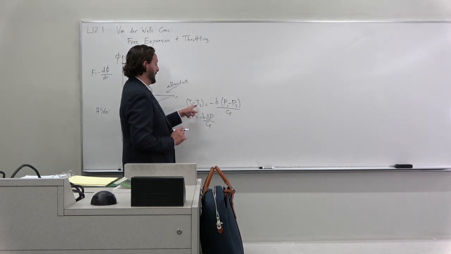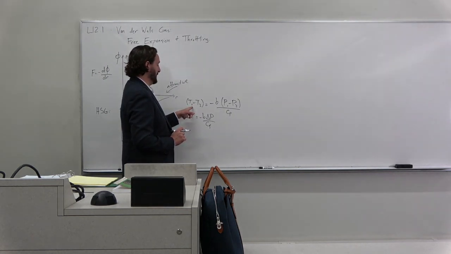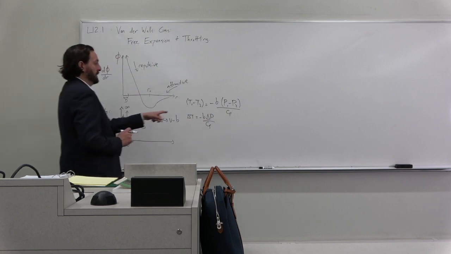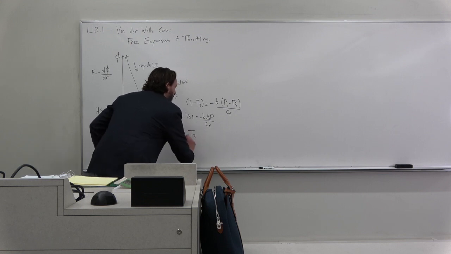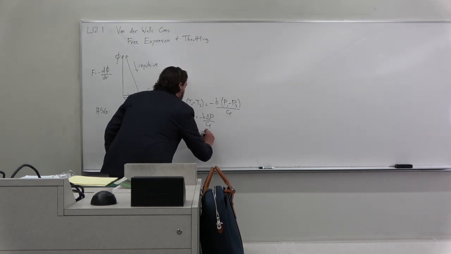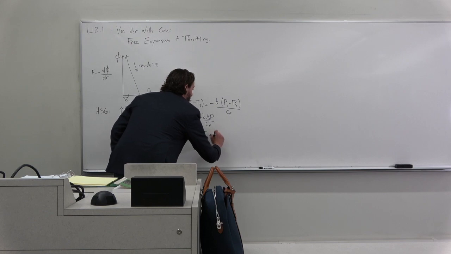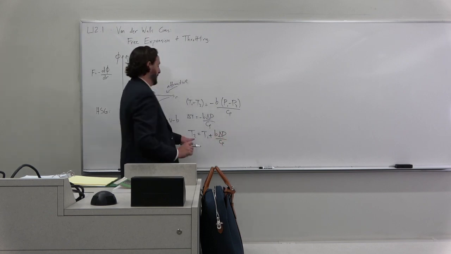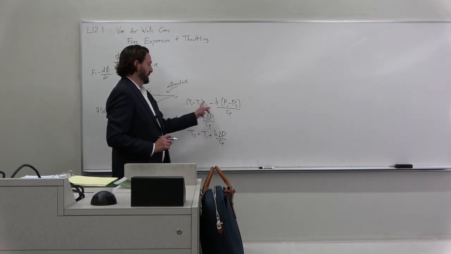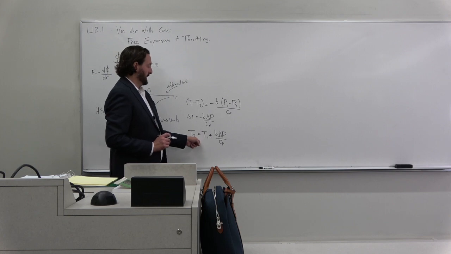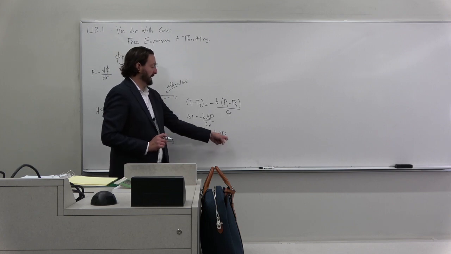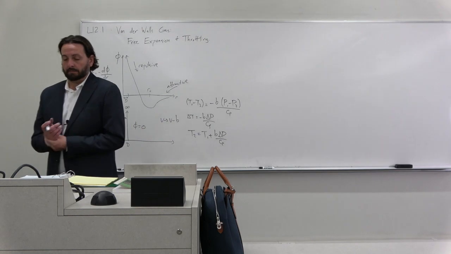So this would say that T2 is T1 plus b delta P over CP, moving this T2 onto that side, so that the temperature is always going to go up if the pressure goes down.